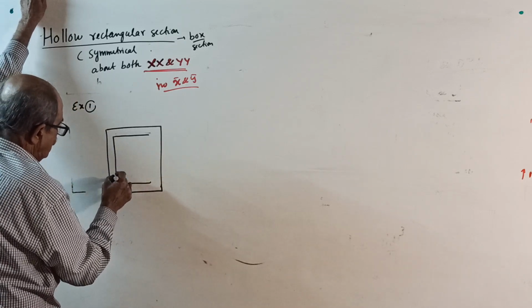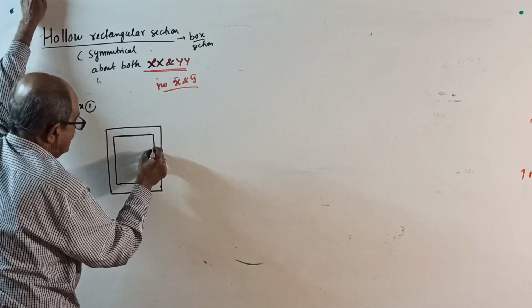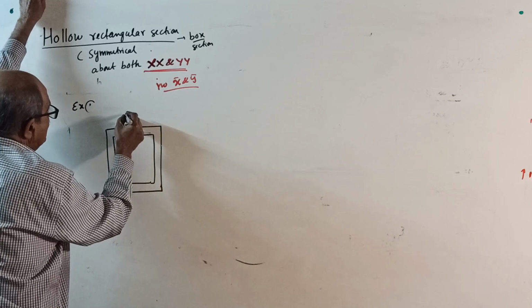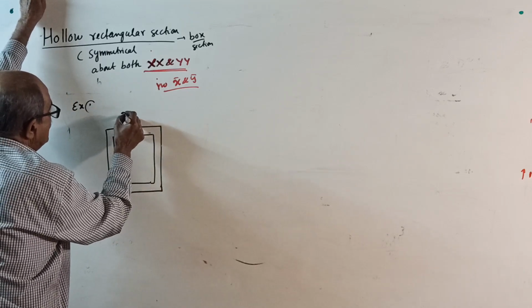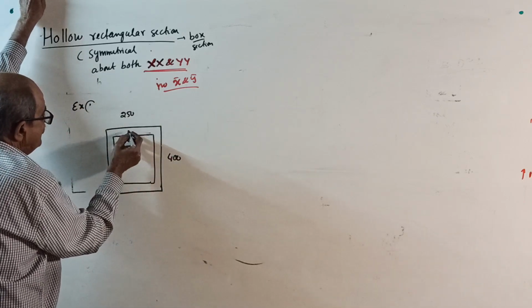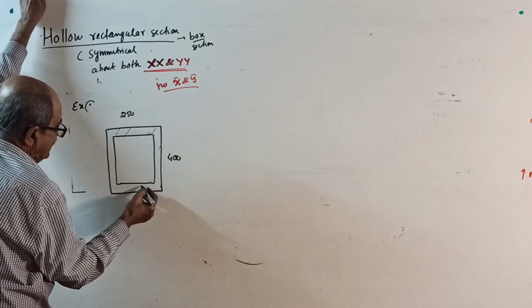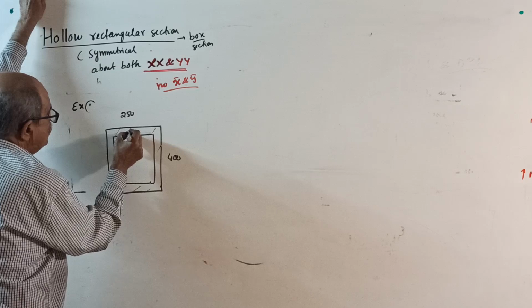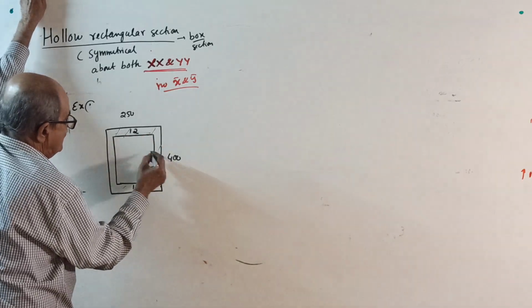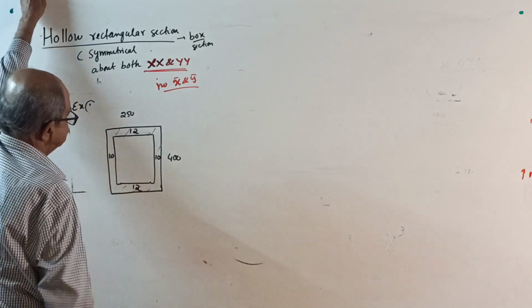See here, this width is 250. Total depth is 400. This is a hollow rectangular section. This thickness is 12, this also 12. This is 10, this also 10.